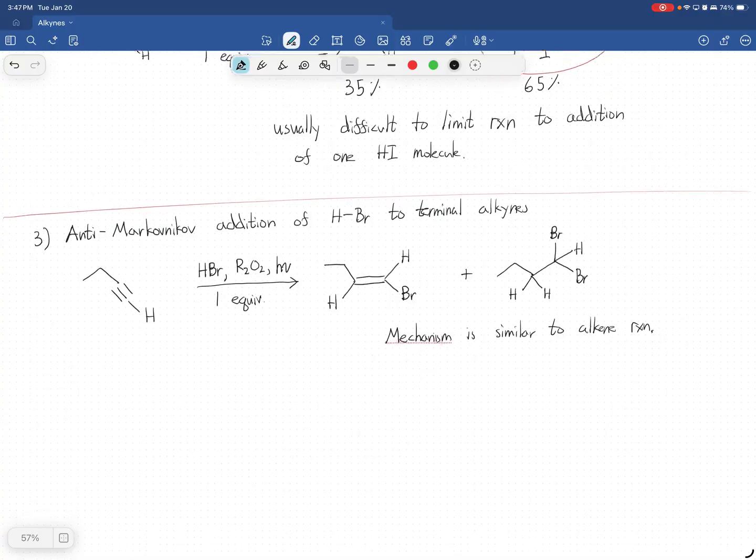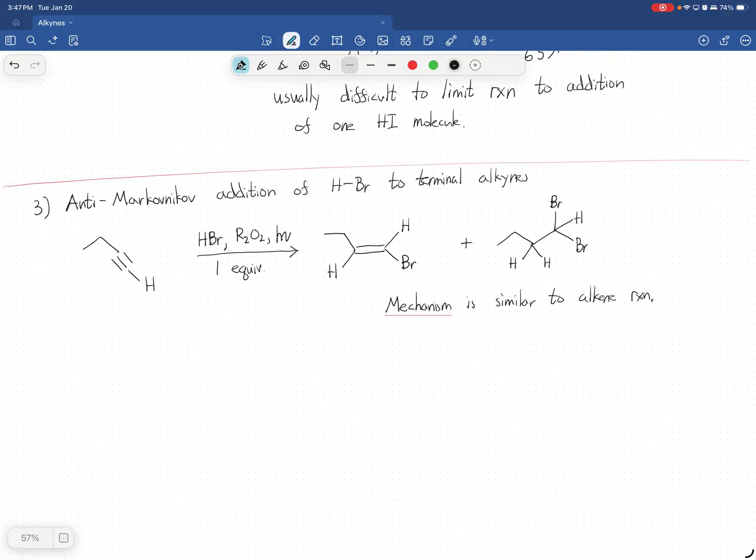So let's see here, Anti-Markovnikov. Let's go over what Anti-Markovnikov means again. H adds to the more substituted carbon atom of the CC bond.